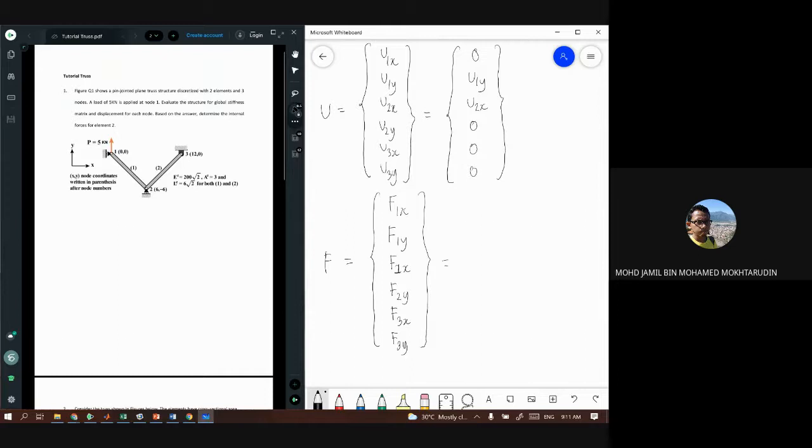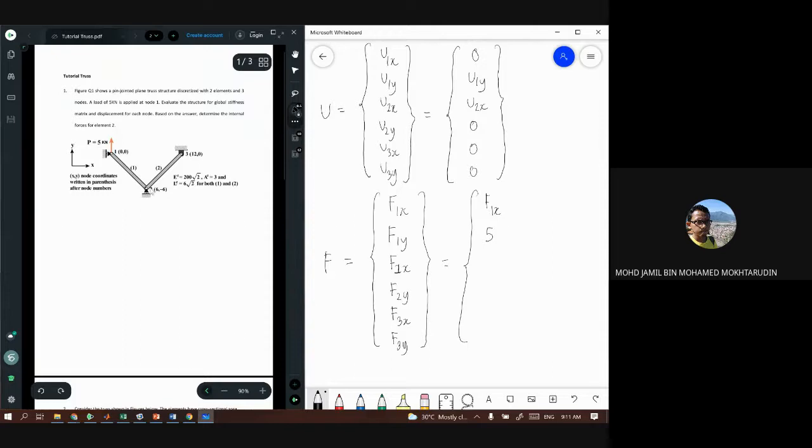Then similar to displacement, we need to apply the boundary conditions given in the question. For the first roller support, we have a reaction force in the x direction, so we have f1x, but f1y is not a reaction. Since we have an applied load here, 5 kilonewton in the y direction, f1y equals 5, because of the applied load.